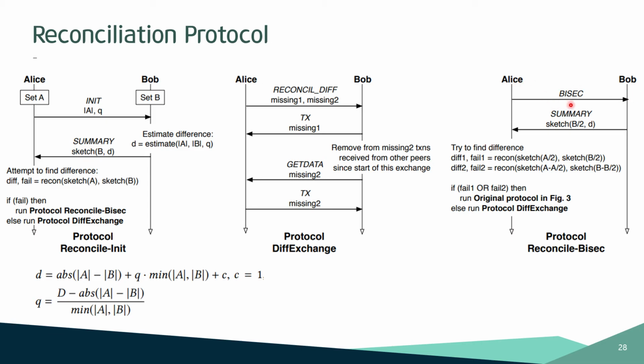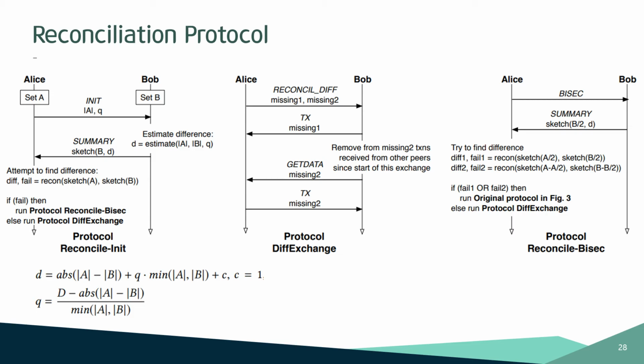If Alice requests a bisect, Bob sends the sketch value with half of his set B. And when Alice gets the half-set sketch, Alice can do reconciliation on each half of Bob's set.